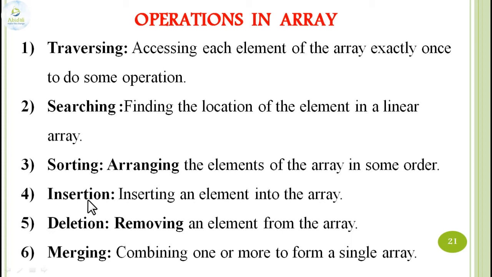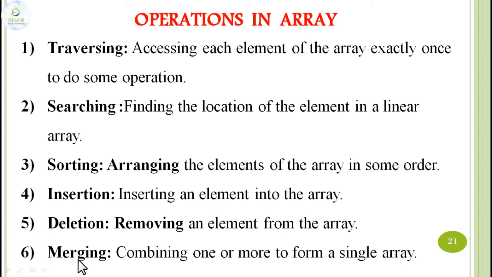If there already exist elements in the array, giving a new element to the already existing array is called the insertion. So inserting an element into the array is called the insertion, whereas the deletion is reverse or quite opposite to the insertion, that is removing an element from the array is called the deletion.